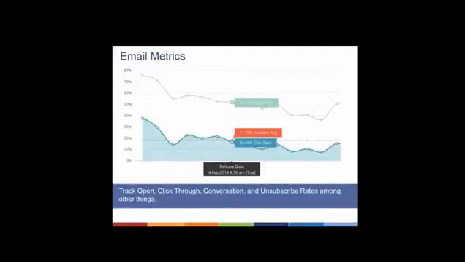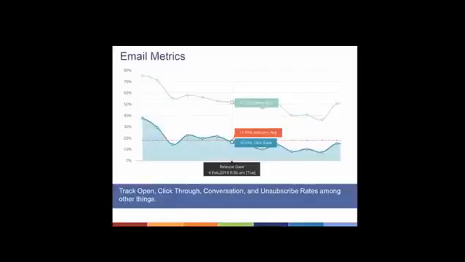You have your open rate, your click-through rate, and an unsubscribe rate. You may also have a conversion rate, depending on whether or not you had links and whether or not your email system is associated with your content management system, your CMS. But the basics you're going to have: open, click-through, and unsubscribe rate.